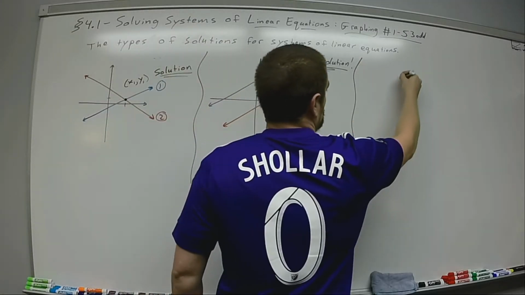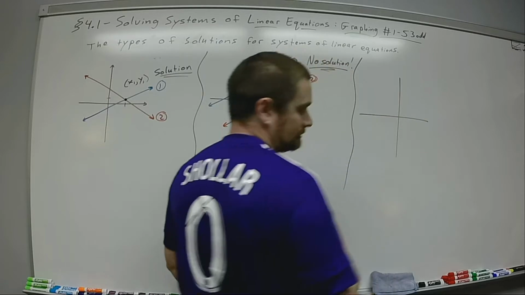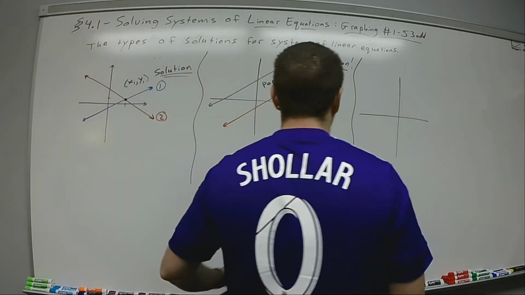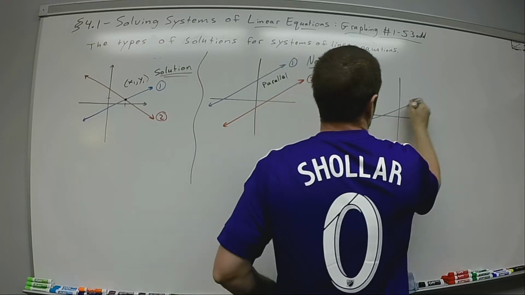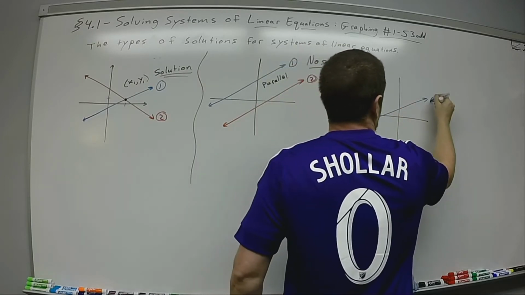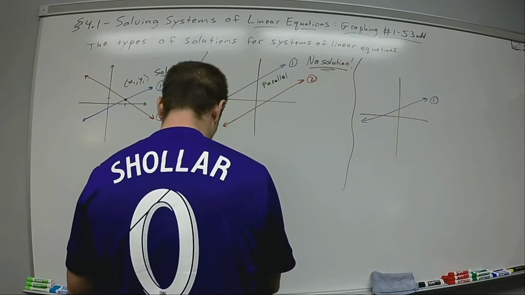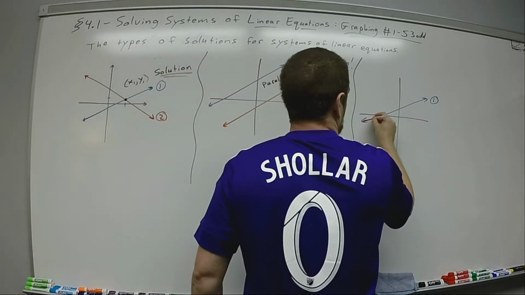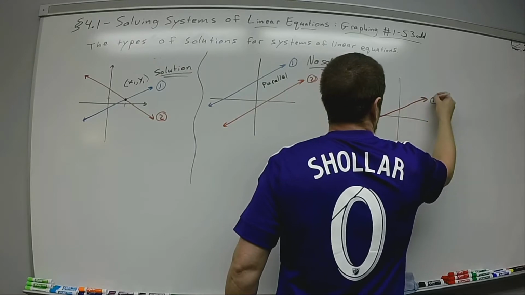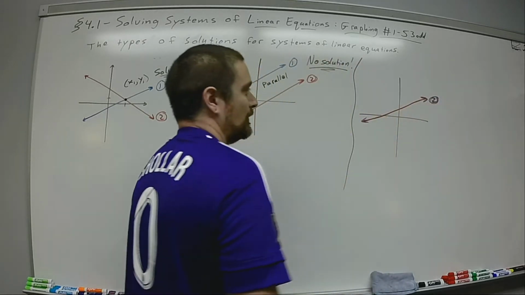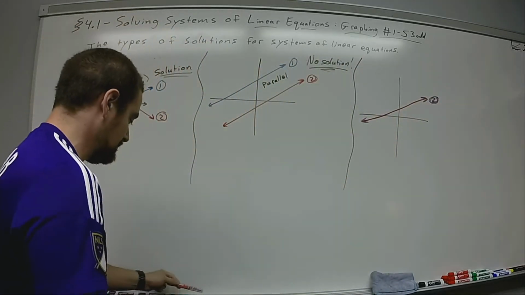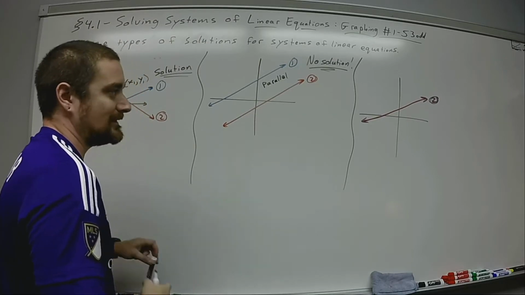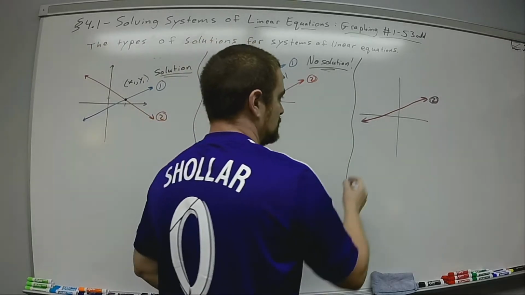And another situation that can happen, when we look at the first equation being graphed, and then we find the second equation and graph its line. This one's always hard to draw because realistically, when we graph them both, they are the exact same line, meaning that they just overlap.